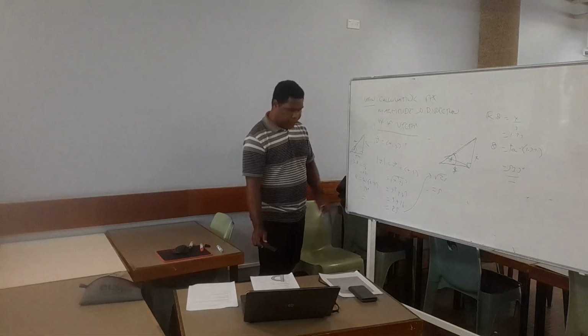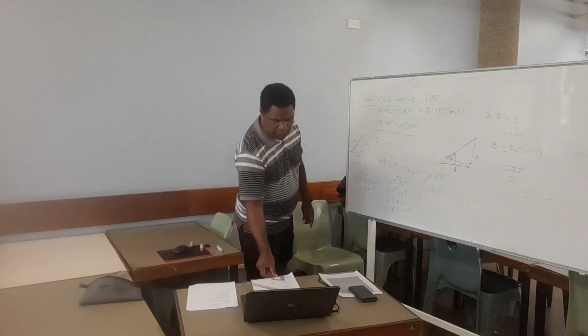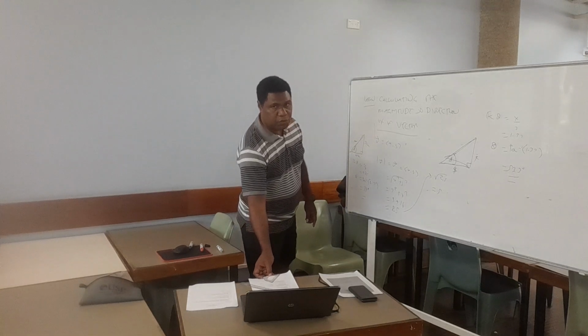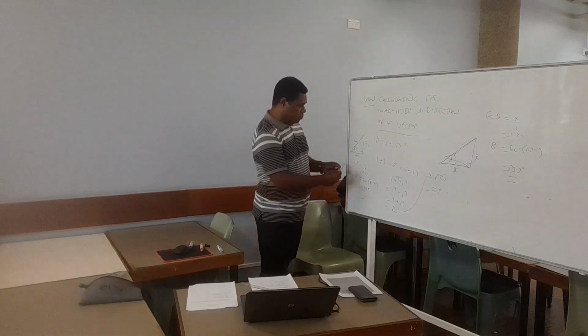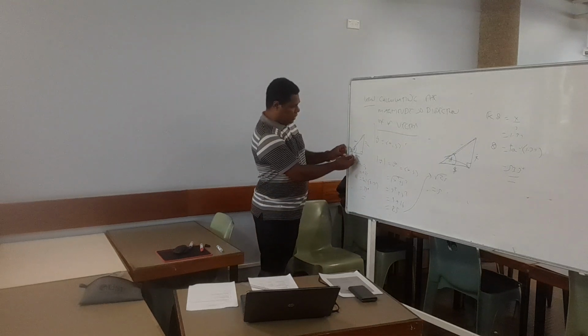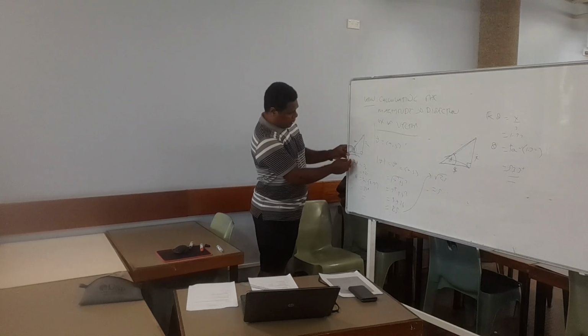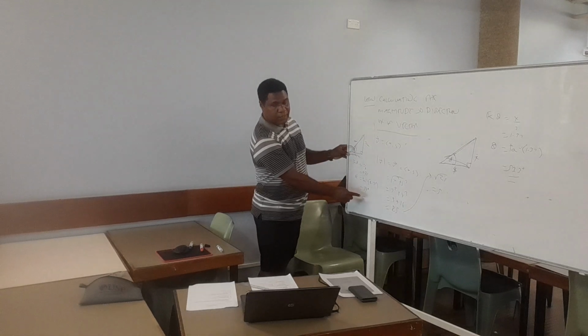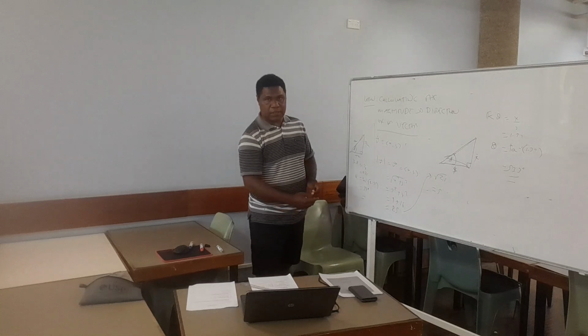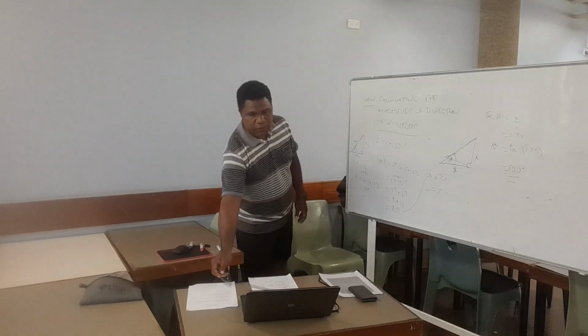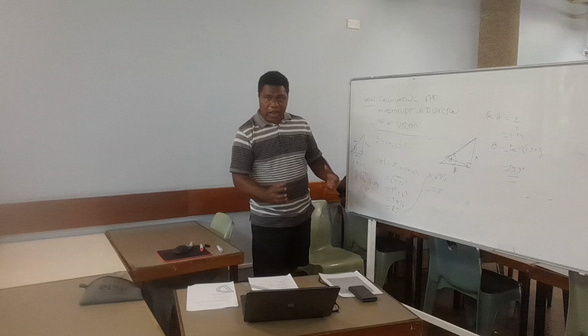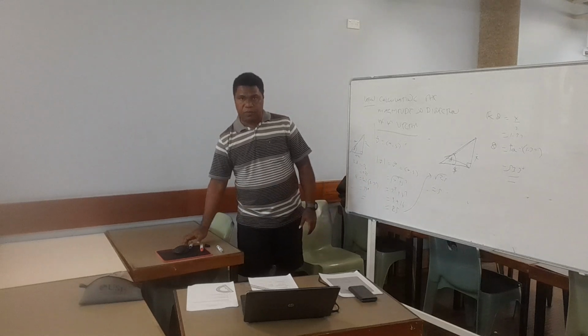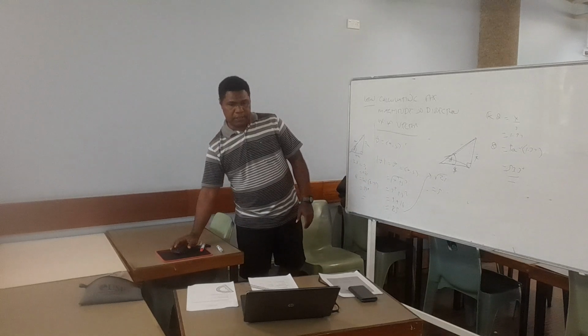Now, for this particular angle, if you get the protractor and measure from the original point up to this, you will see that the angle is around 37 degrees. That is how you should calculate for this particular exercise.